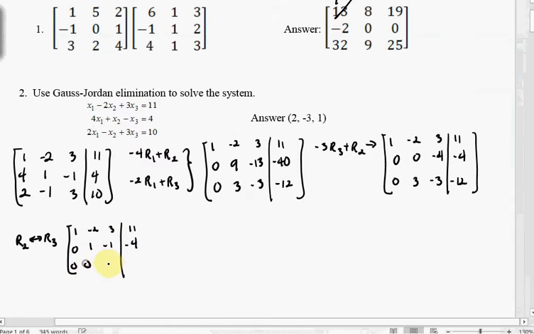This is 0, 0, 1, and 1. And so after we did the swapping, 1/3 times row 2, then negative 1/4 times row 3. Now after that, let's use this one to get a 0 where that negative 2 is.